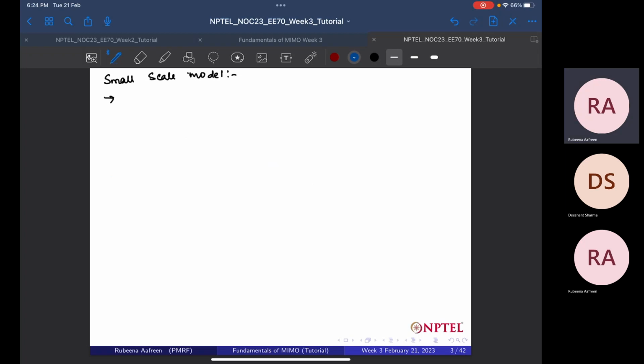As we said, distance is very small in the small scale model, like some tens of wavelengths. So here the signal will fluctuate.